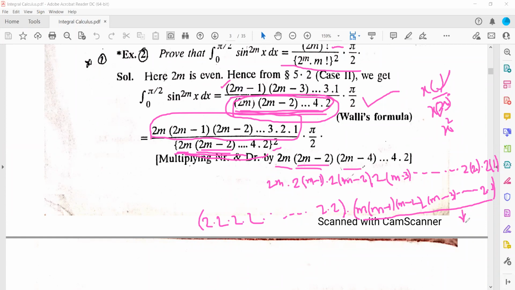So now tell me, this will be equal to what? This will be m factorial.